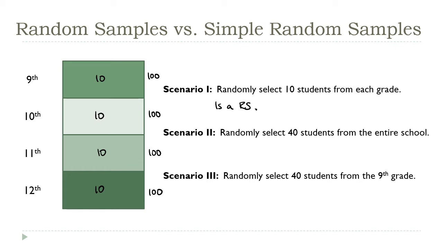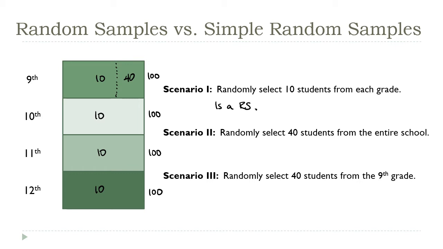Is it a simple random sample? Okay, well, it's not going to fall into that category. We're selecting 40 people, and for this to be a simple random sample, every group of 40 people in the school has to be equally likely to be chosen. Now, think about, for example, a selection of 40 ninth graders.